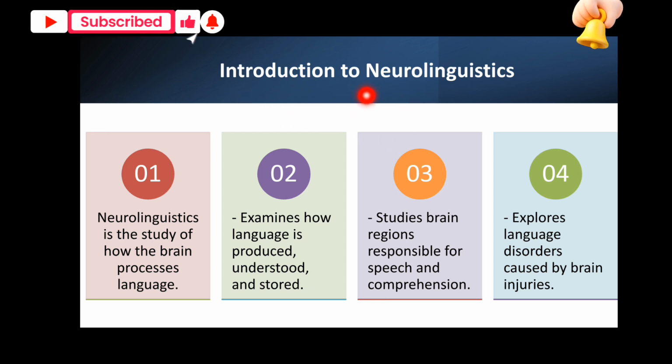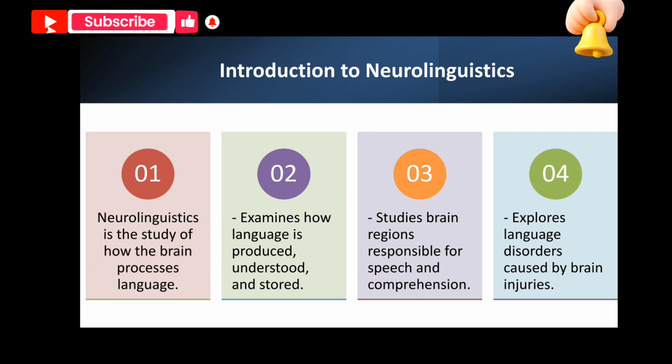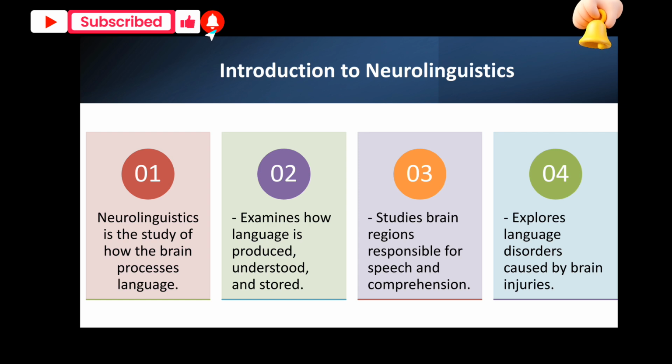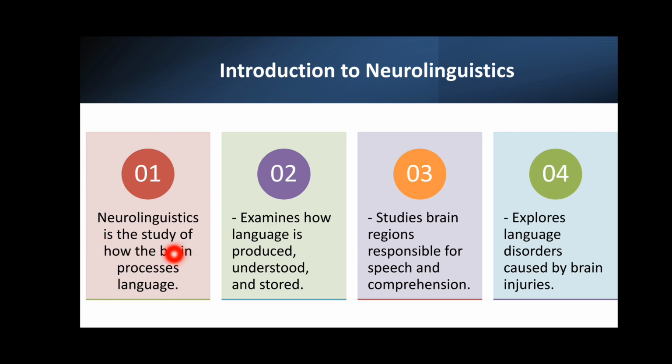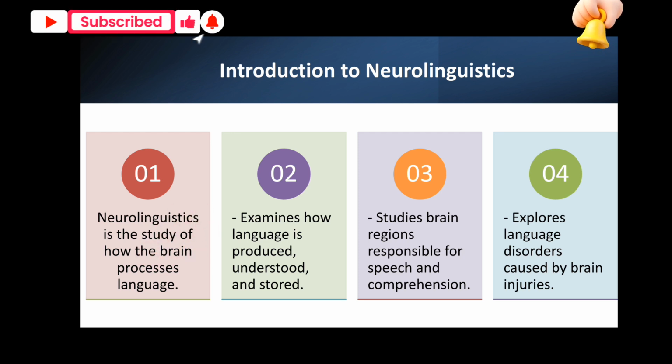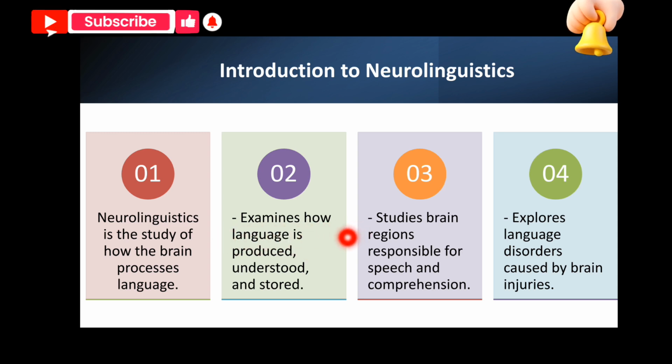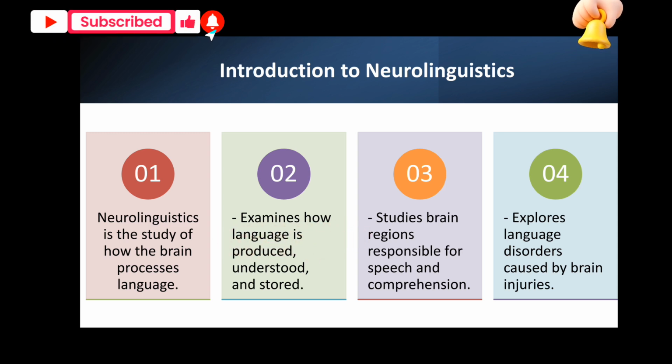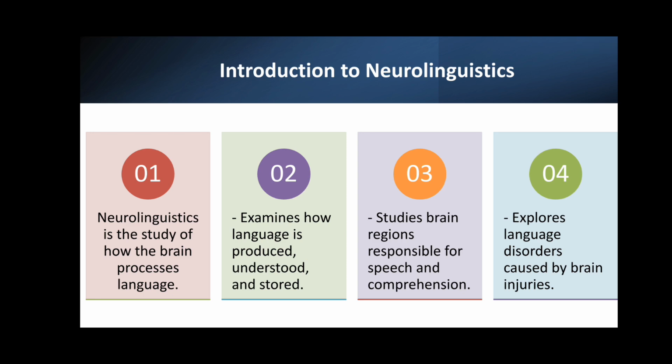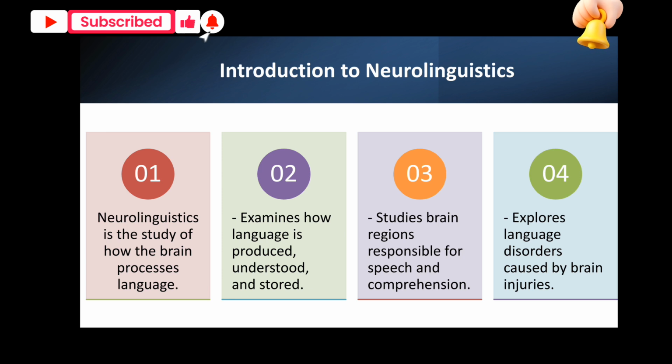Introduction to neurolinguistics. So what is neurolinguistics? Neurolinguistics is the study of how the brain processes language. This is one definition, right? The second one, it examines how language is produced, understood, and stored in the mind.